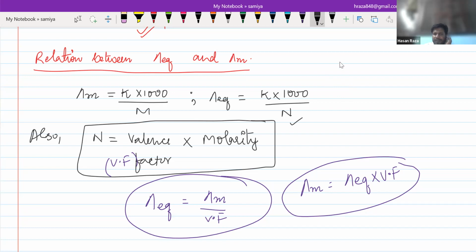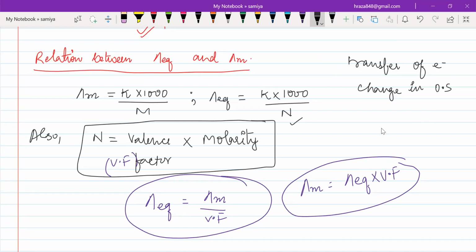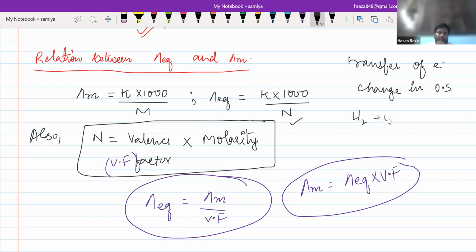Valence factor is basically the change in number of electrons, transfer of electrons, or you can call it change in oxidation state. Just like if you have H2 plus O2, it's going to be H2O, and if you find the oxidation states, 0, 0, plus 1 and minus 2.